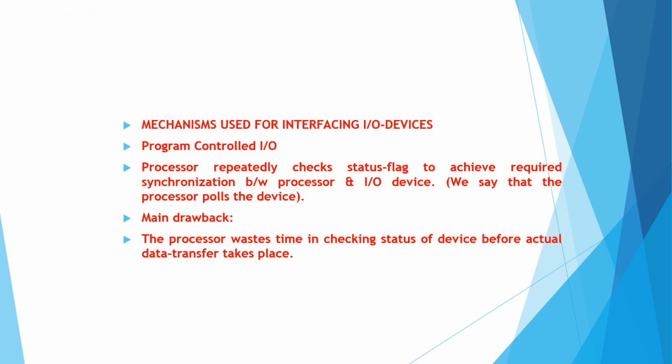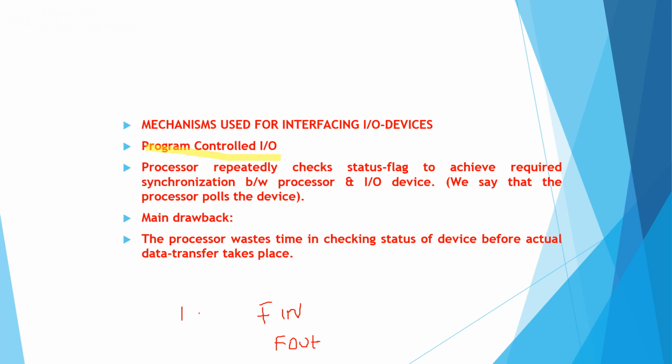So first we'll consider program controlled IO. Consider a simple example of interfacing a keyboard and display to the CPU. We have two flag registers, FIN and F out.